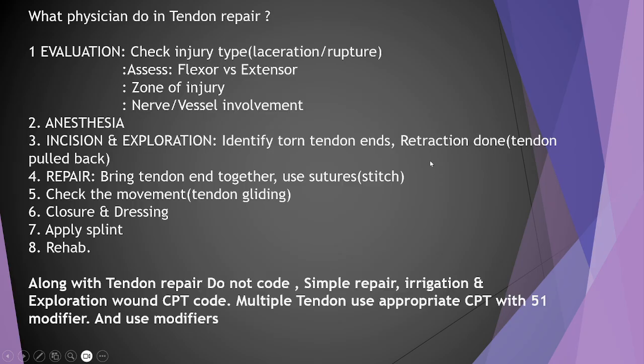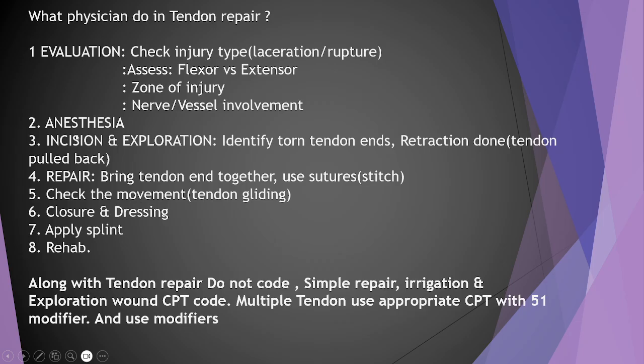So what will the physician do in the tendon repair? We already studied that. First there will be an evaluation, where he will find the injury, whether it is a rupture or laceration, assess the area, flexor versus extensor, which zone has been injured, and the nerve or vessel involvement.